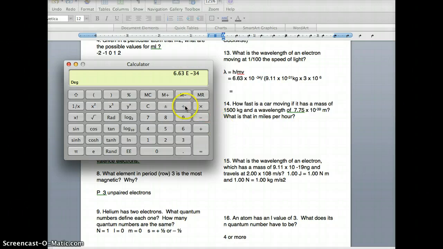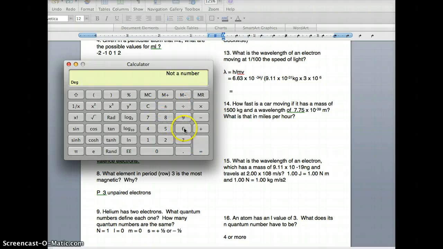That's going to be divided by, I'm going to use parentheses here, 9.11 EE negative 31. Inside the parentheses, I multiply that by 3 EE 6. Close the parentheses, and that equals not a number.